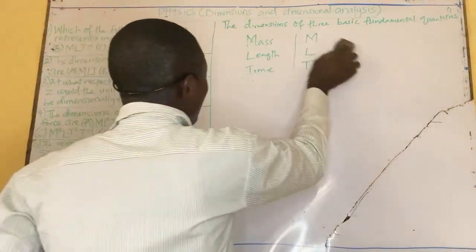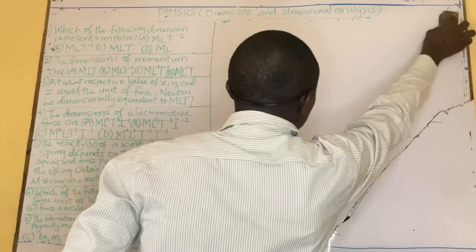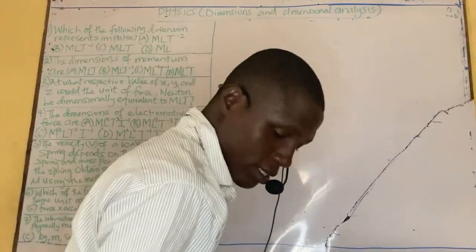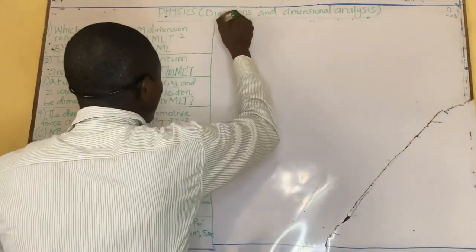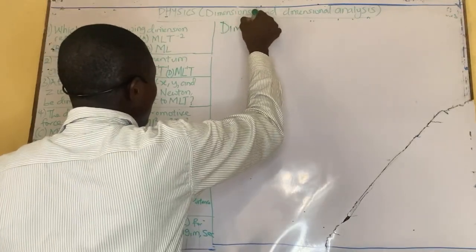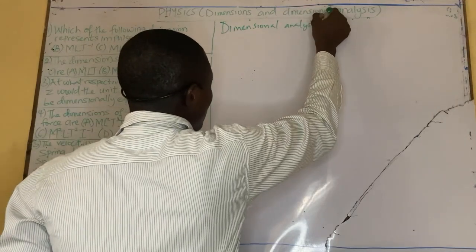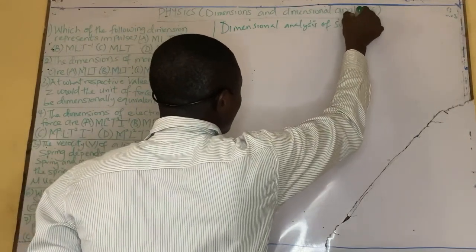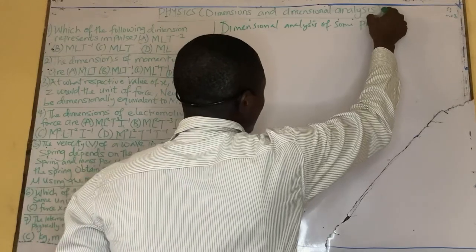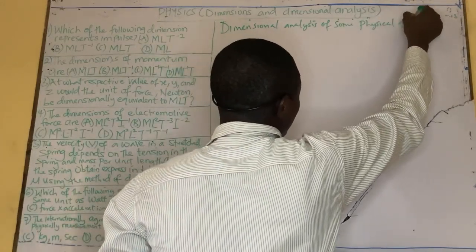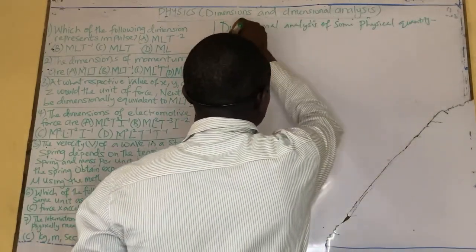And how do you go about that? The dimensional analysis of some physical quantity.